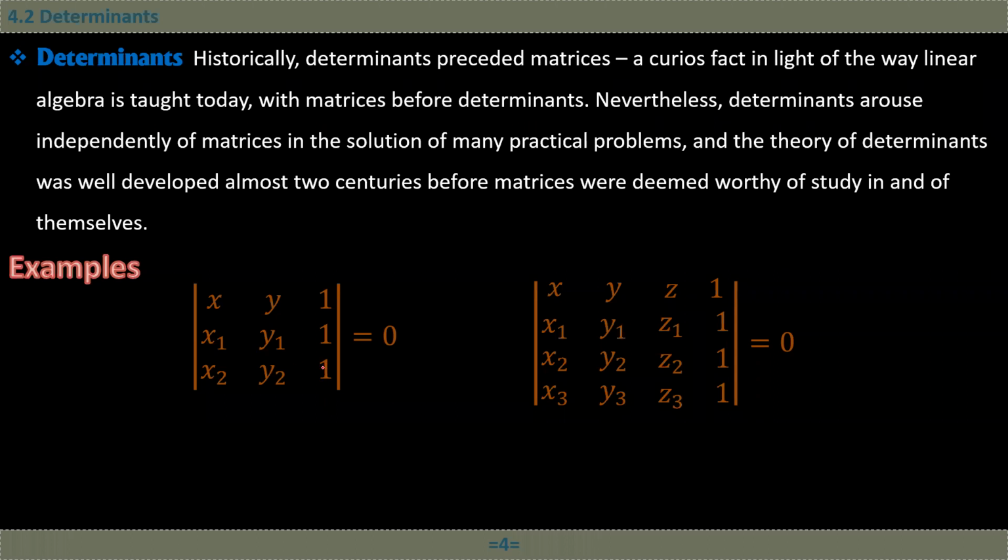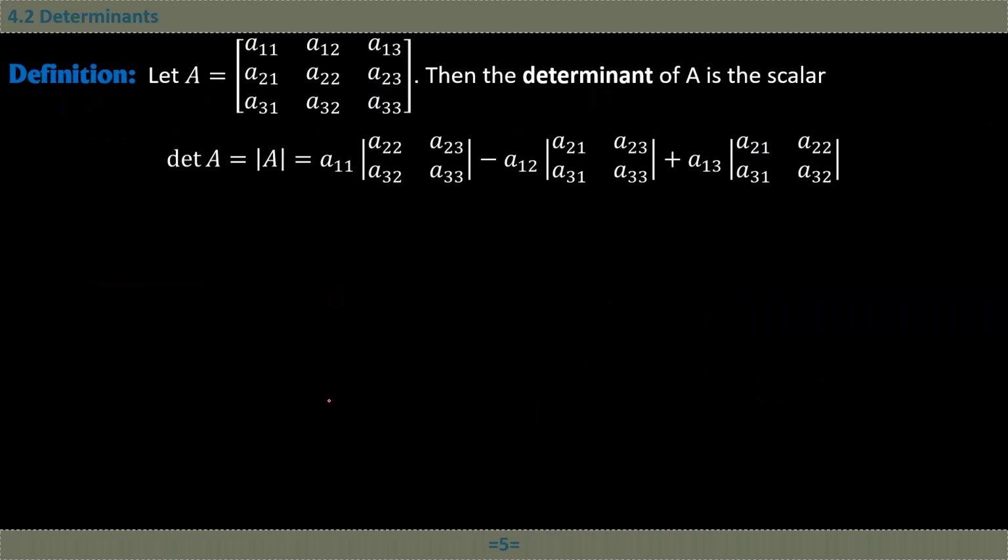So here we call this the determinant of this 3 by 3 matrix, and it is equal to 0. And the determinant of this 4 by 4 matrix is equal to 0. Actually, they mean something. So here we'll try to get some idea about how we evaluate these determinants.